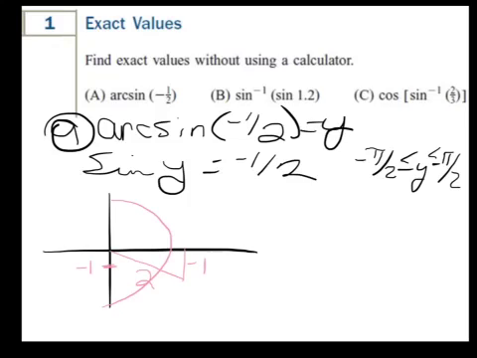So I want to know what angle has a sine of 1/2. And if you look at your circle, it's going to be the angle of 30 degrees. And 30 degrees in the bottom is going to be -pi/6.